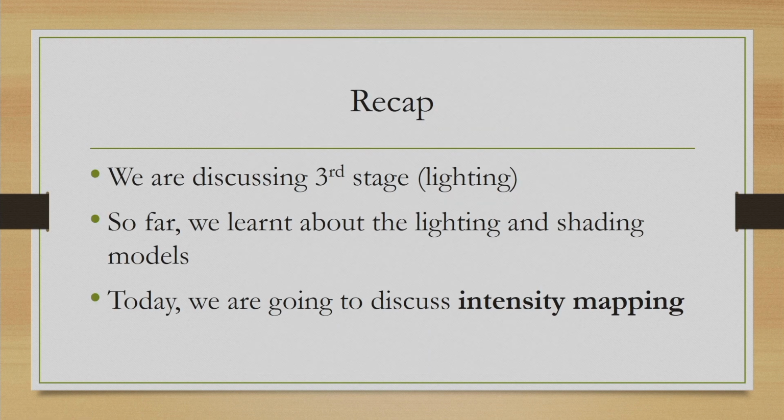In the 3rd stage or lighting, we deal with assigning colors to the surface points, surface of an object. Now, in the previous couple of lectures, we have learned about the process of coloring. That is, we learned about a simple lighting model and also we learned about shading models.